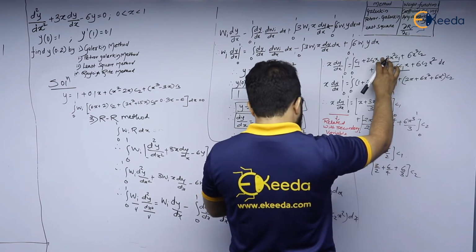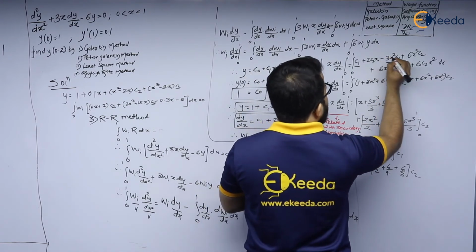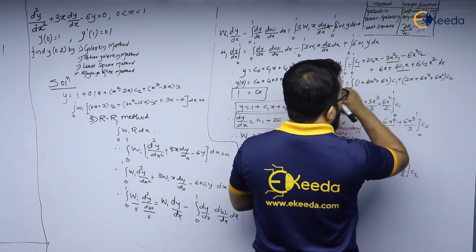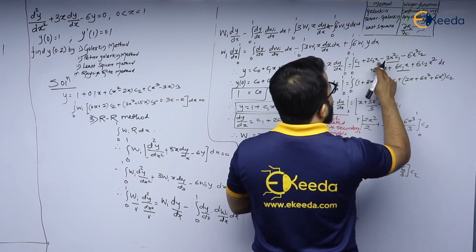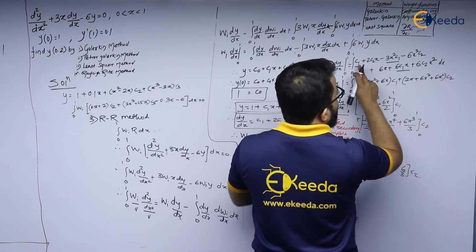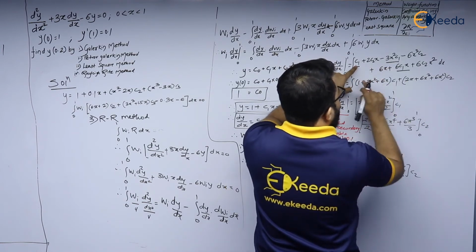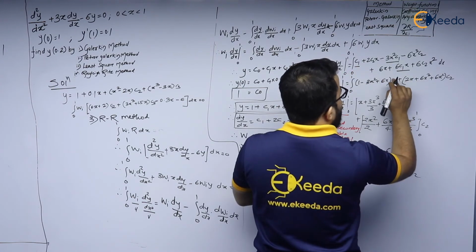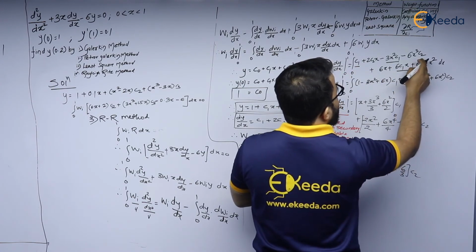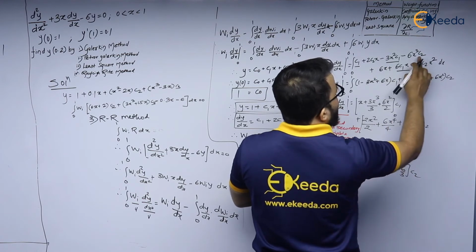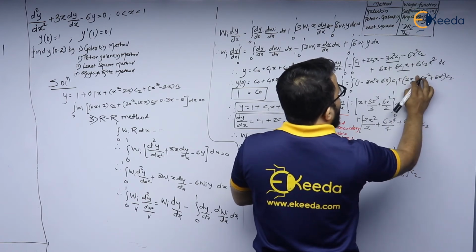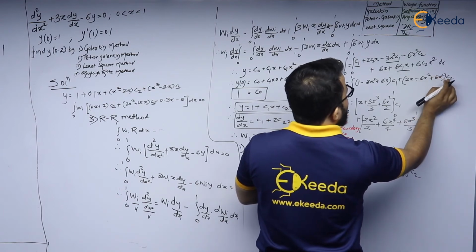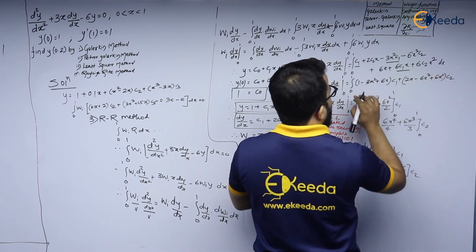This is C1 plus 2C2x. Again this becomes minus, so this becomes plus, so C1 plus 2C2x. If I take the C1 term, C1 minus 3x square plus 6x into C1, and again for C2, it is 2x minus 6x cube plus 6x square into C2, and the remaining term as it is.